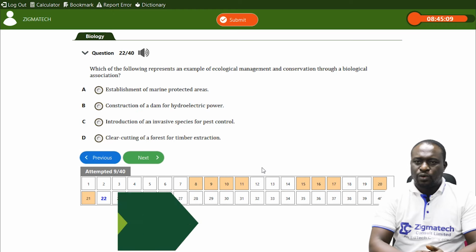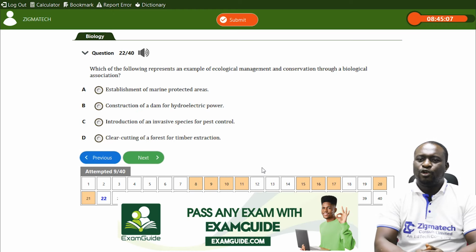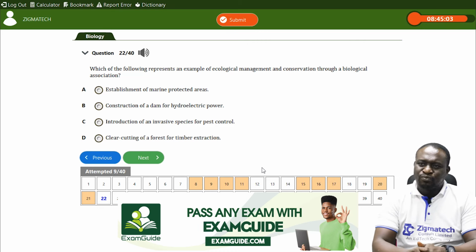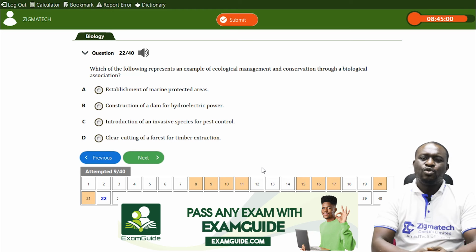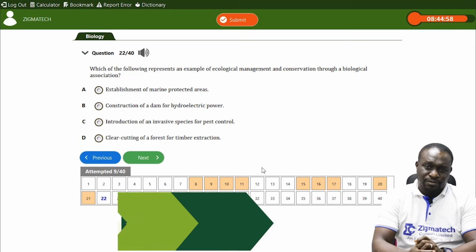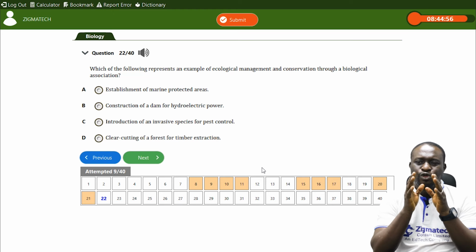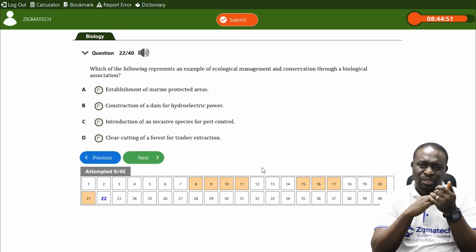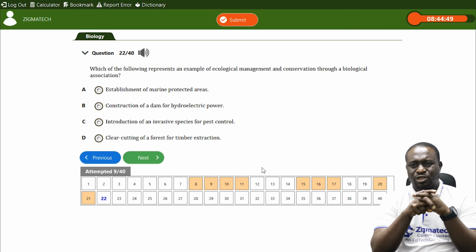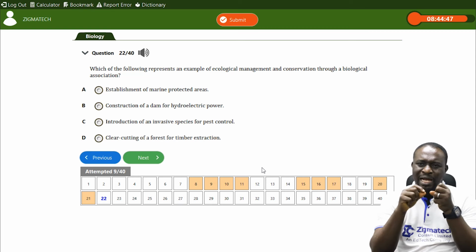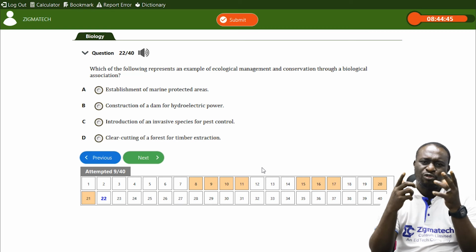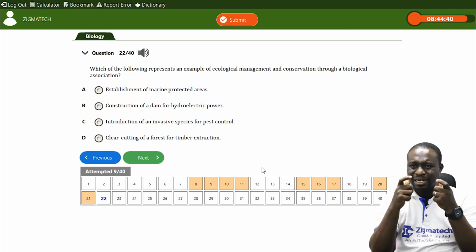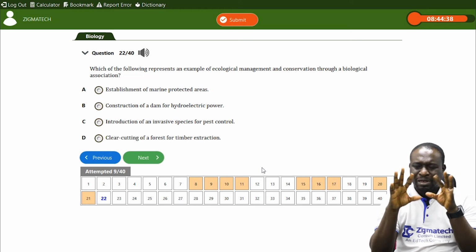So question 22 says, which of the following represents an example of ecological management and conservation through a biological association? Now, ecological management and conservation has to do with strategies and practices involved in protecting and preserving the natural ecosystem, okay?